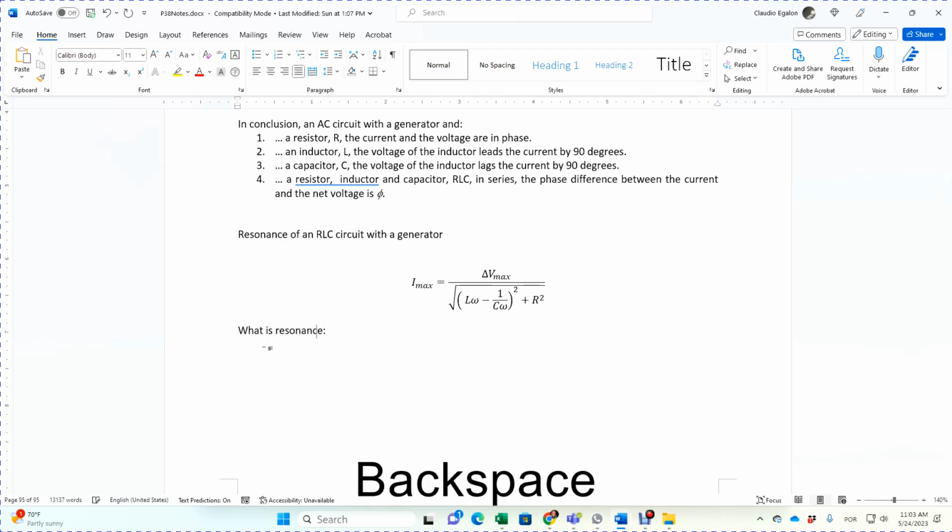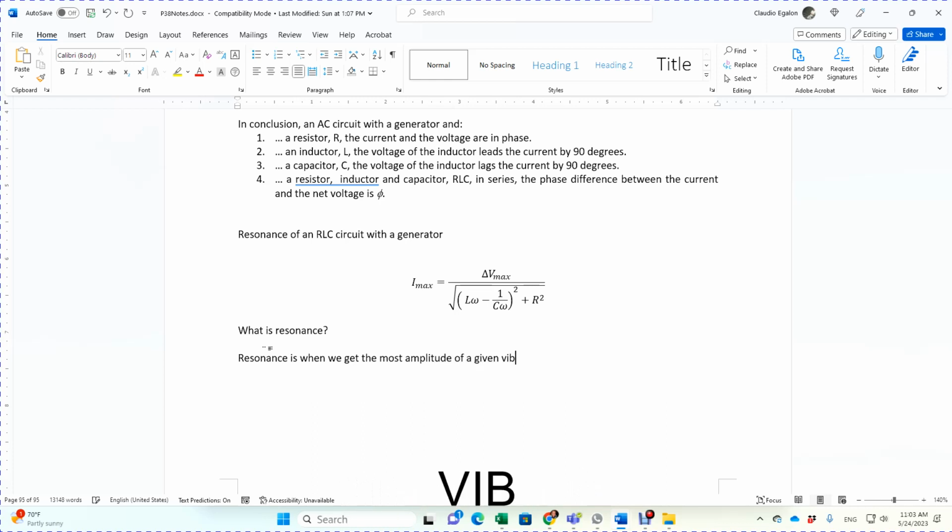Resonance is a condition when we get the most amplitude of a given vibration.